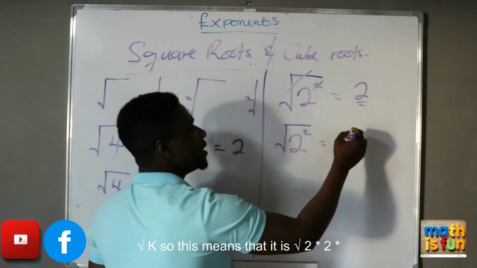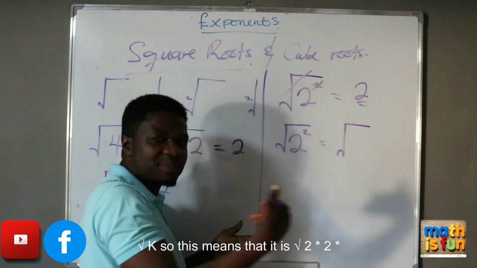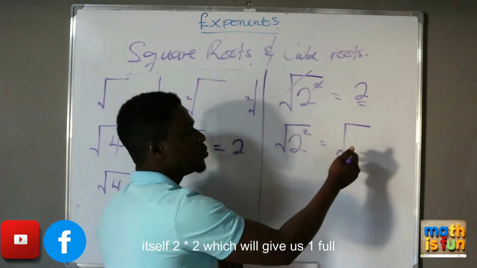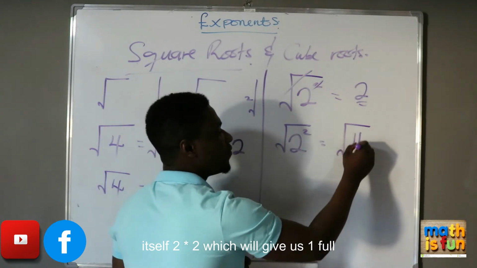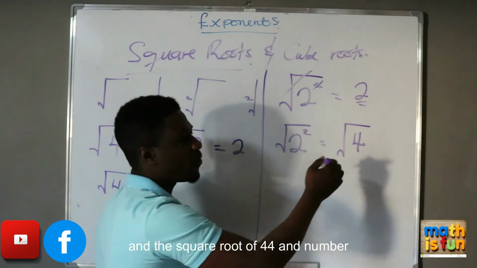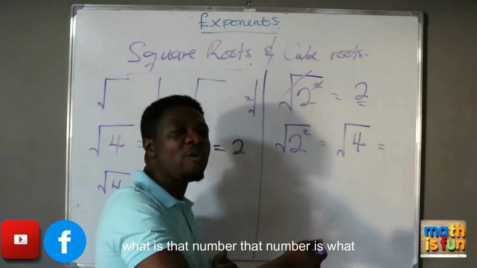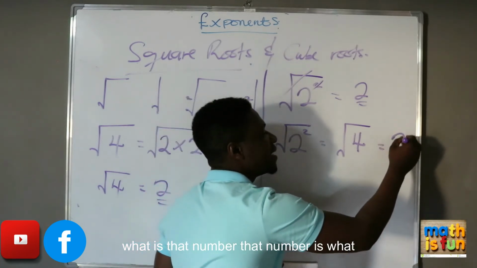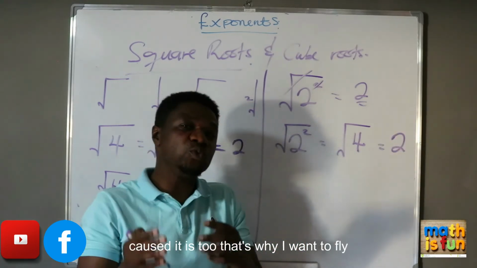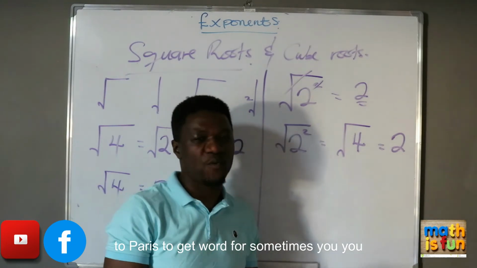Okay, so this means that it is square root of 2 times 2. 2 is multiplying itself. 2 times 2 will give us what? 4. Then the square root of 4: a number multiplied itself for us to get 4. What is that number? That number is 2, because it is 2 that will multiply 2 for us to get 4.